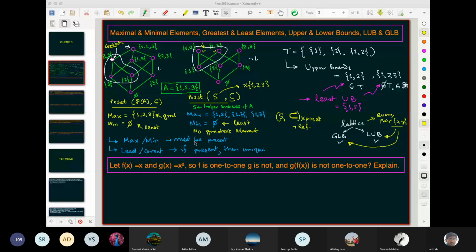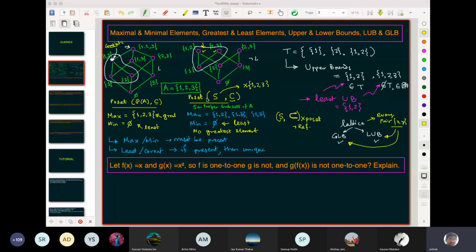Mm, I can find one. Let me check this one. Let's say you take the set of all divisors of a positive number. They are partially ordered by the divides relation. Yes or no? Take the set of divisors of a positive integer n, let's say 24.